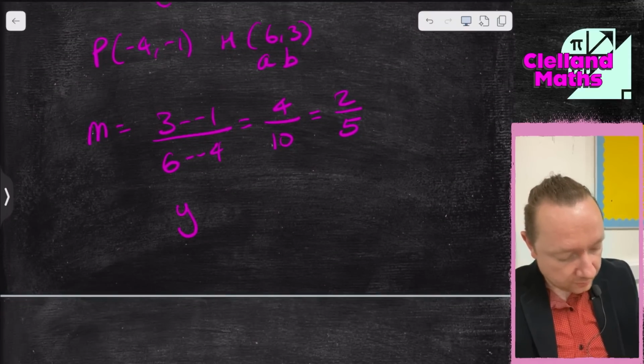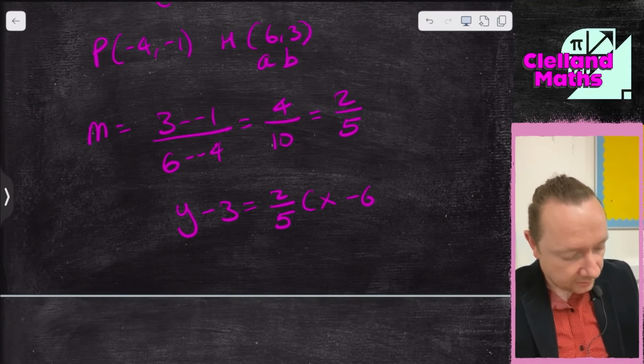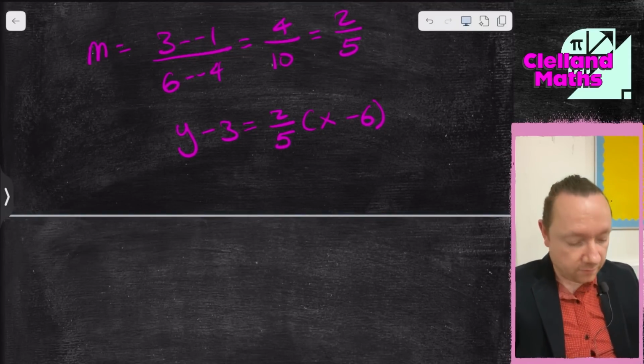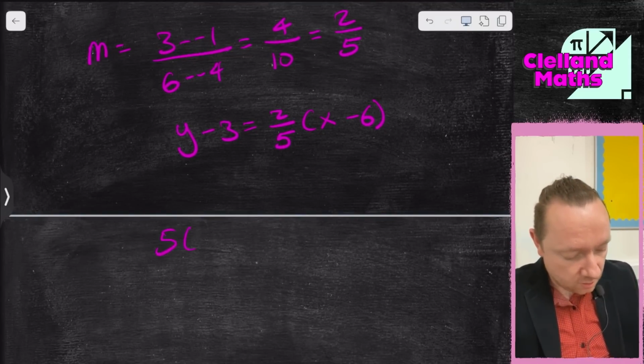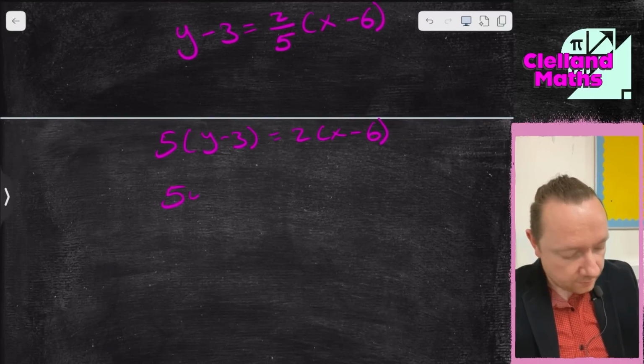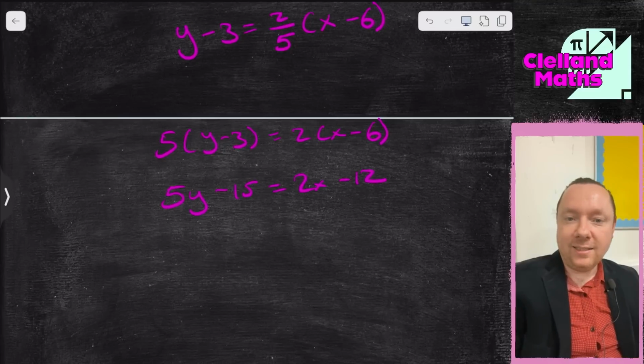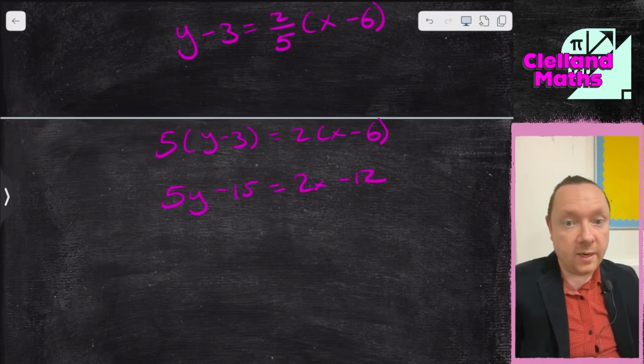So y minus 3 equals 2/5 (x minus 6). When you've got a fraction like this, it's best to take the 5 up to the other side. So you've got 5(y minus 3) equals 2(x minus 6), 5y minus 15 equals 2x minus 12. You really want to leave the y's and the x's on the same side and the number on the other, or make it all equal to 0.